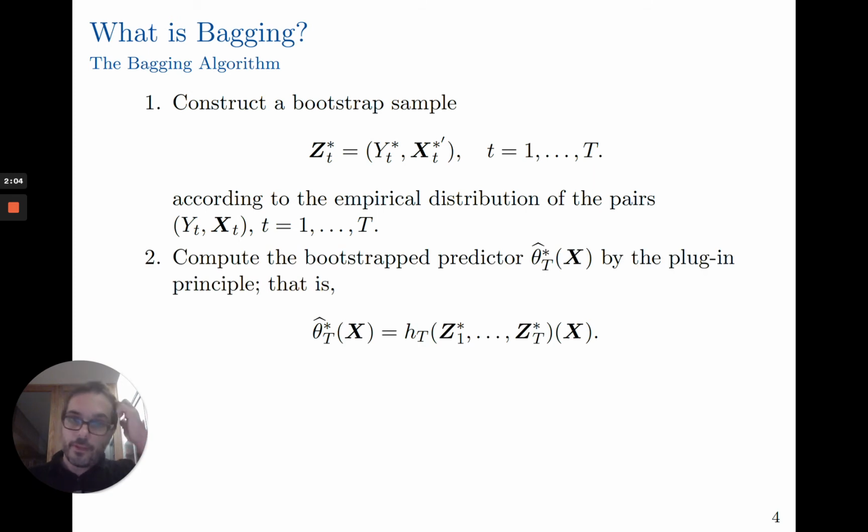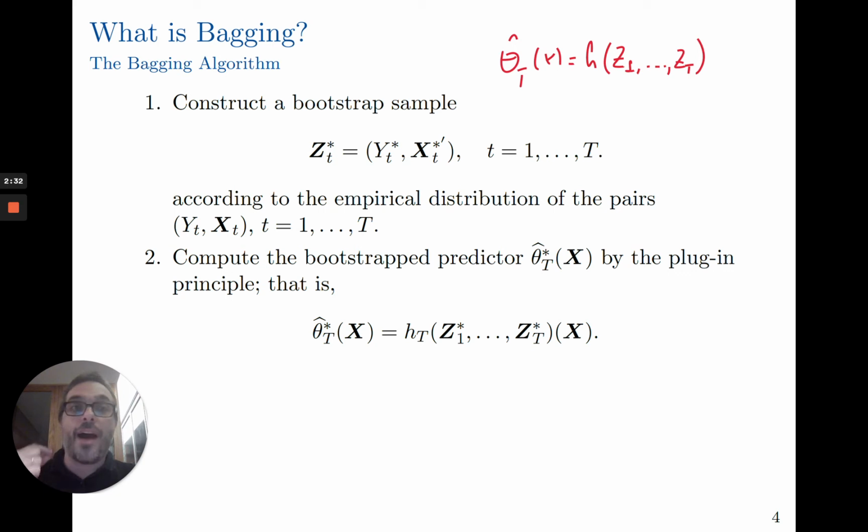And for each bootstrap sample, we are going to compute our statistic, our predictor, theta hat, and now we're going to call it theta hat star. But look here, our original theta hat of X is a function of what? Z1 to ZT, the original sample, and it will be evaluated at X.